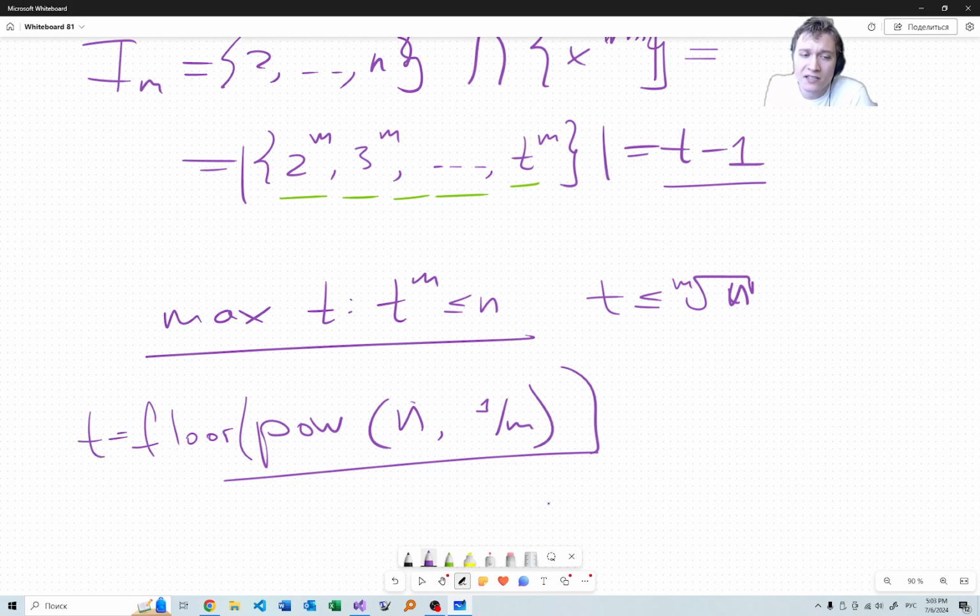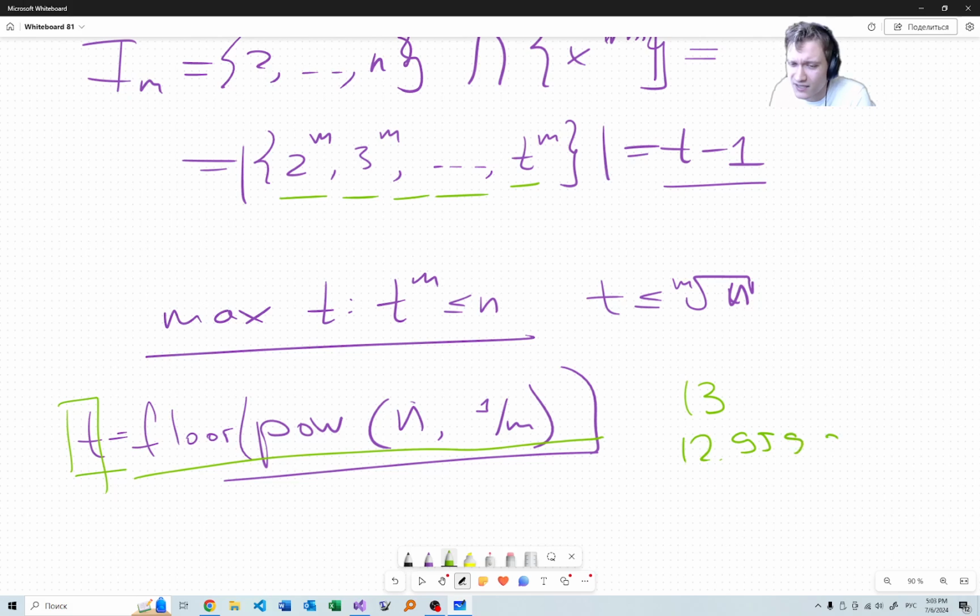And this would be right if all the calculations were precise. If this calculation was precise, then you would get a correct number t. Unfortunately, calculations are not precise. It's possible that the true value of this formula is 13, but you would get 12.99999 and a lot of 9s, 84, for example, I don't know. And because of that, you get an incorrect answer.